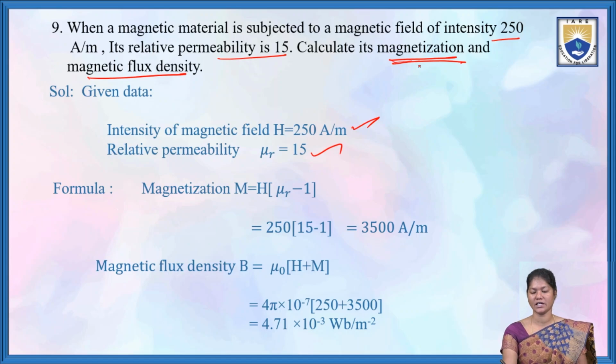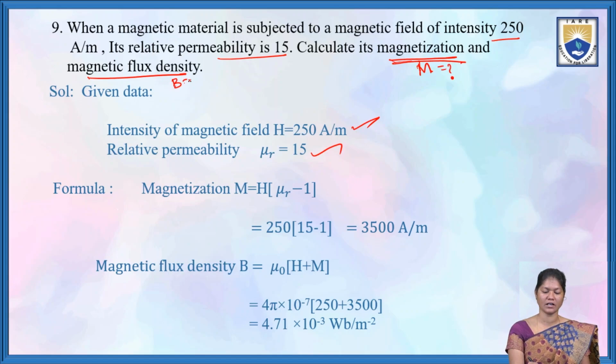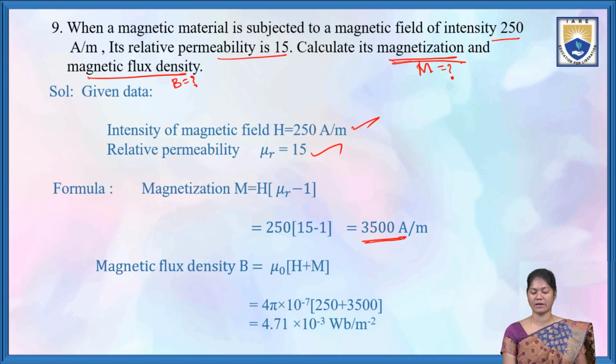So we need to calculate magnetization capital M and magnetic flux density capital B. The formula we are using to calculate magnetization, M is equal to H into mu r minus 1. So 250 into 15 minus 1, it is equal to 3500 ampere per meter.